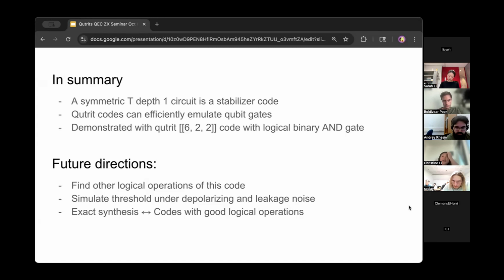Does this work on some families of codes? Yeah, I think we don't know yet. We haven't tried this fully with more codes, so that's still an open question that would be interesting to explore, as I mentioned there.